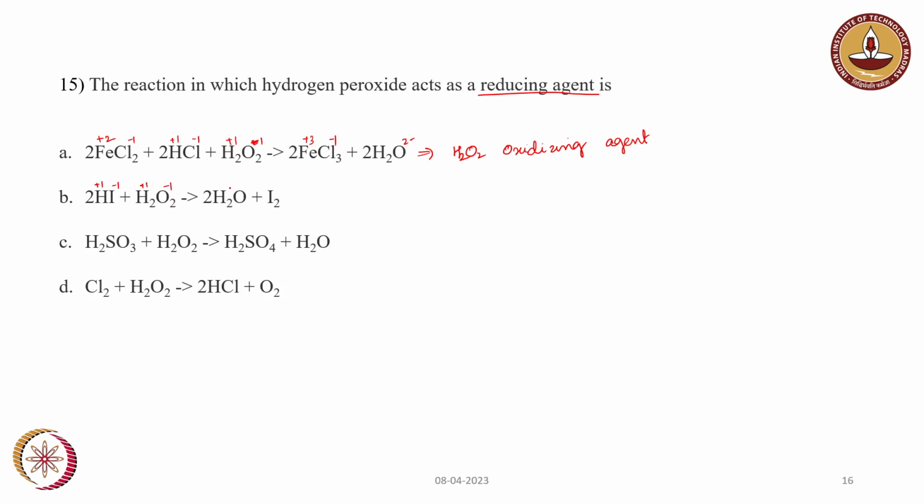In H2O, oxygen is in 2 minus and hydrogen is in +1 and I is in 0 state. So from -1 oxidation state, it went to 0 oxidation state. So oxidation number increased from negative to 0. So here again H2O2 acts as oxidizing agent.